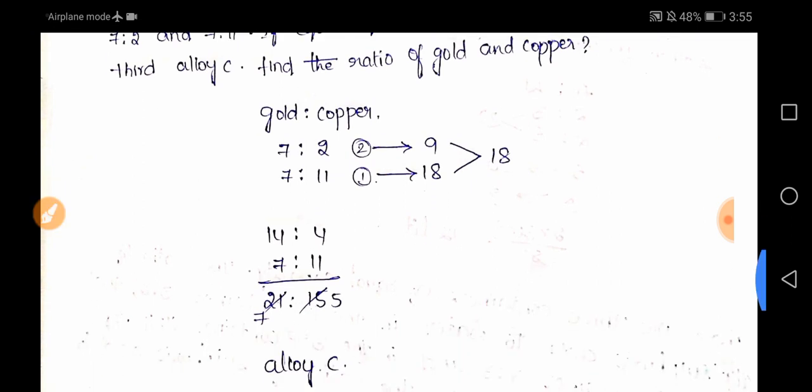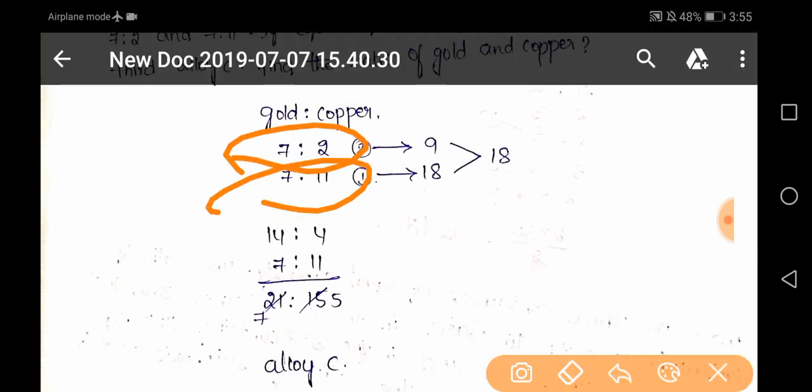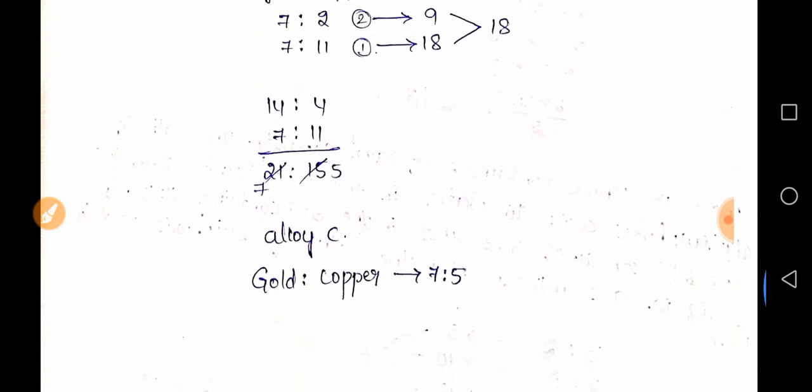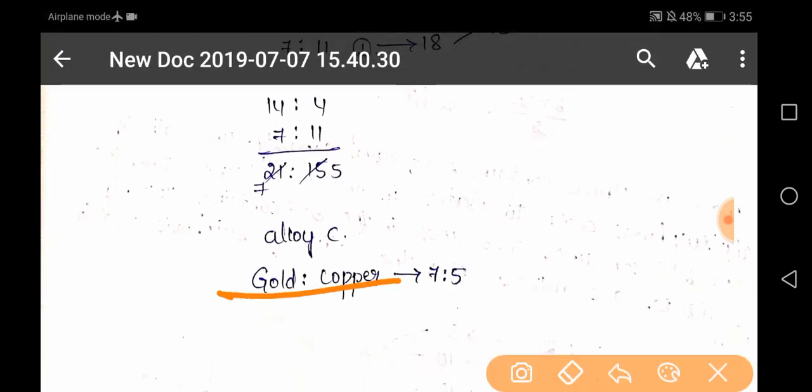So you have to multiply on both sides. So 14:4 and 7:11. Just add those. So 21:15, right? So this will get cancelled by 7: 3 7s are 21, 3 5s are 15. So to make alloy C, the gold and copper is 7:5. This is how you will solve this mixture and alligations.